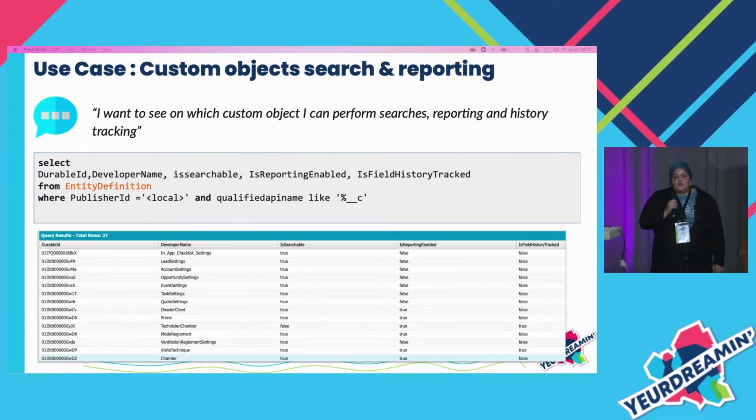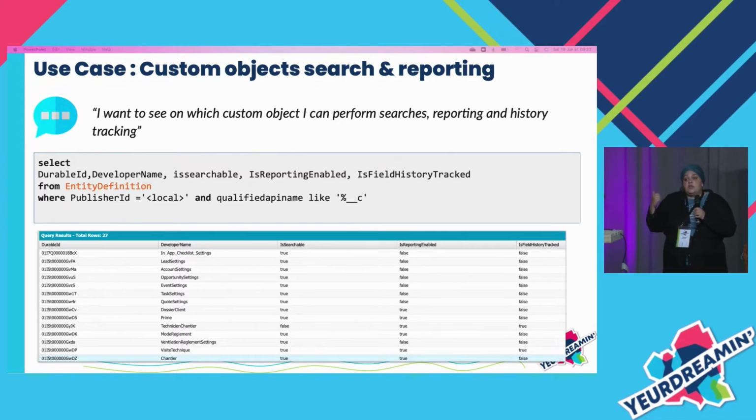Same for the search and reporting and other kinds of information. When we build a custom object, basically we have to tell if this object will be searchable. On this object you will be able to make some reports, and sometimes you missed it, or you forgot to check the option, or there was an evolution in your object.